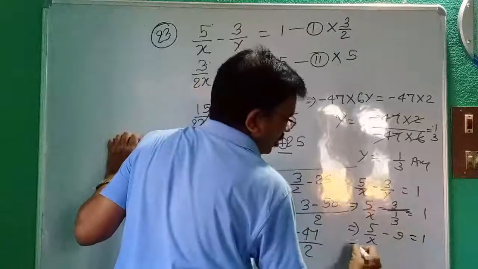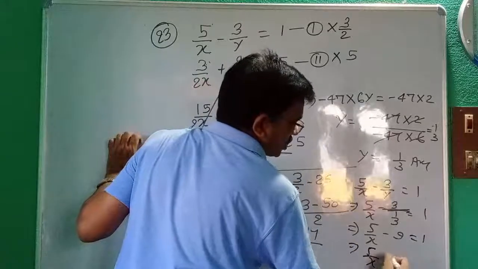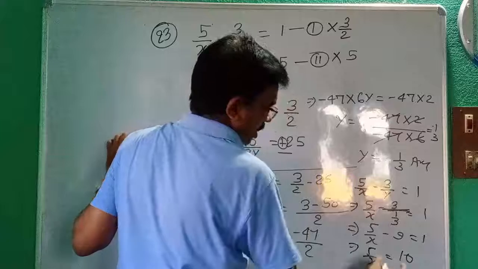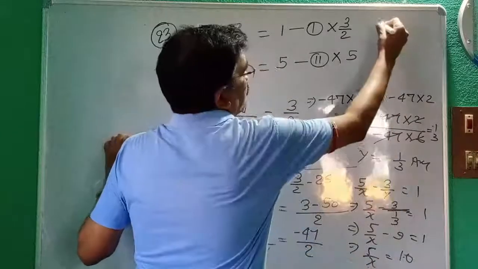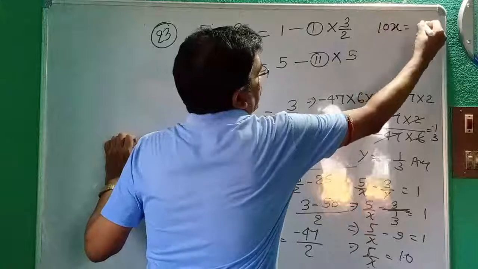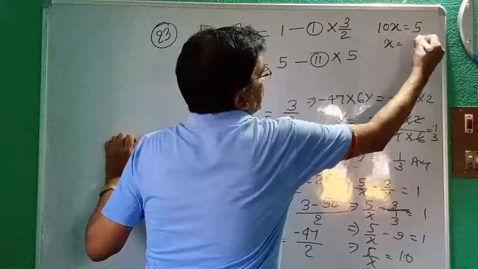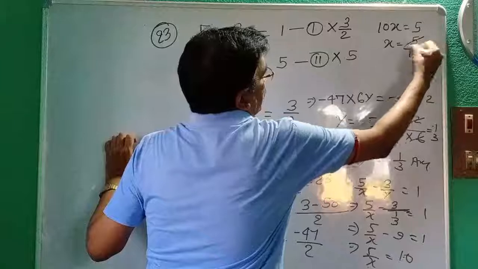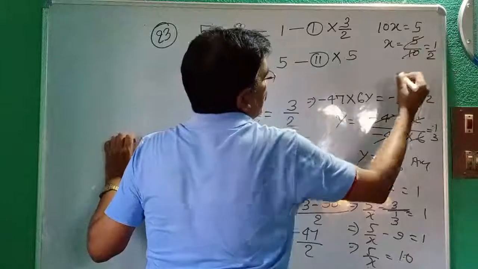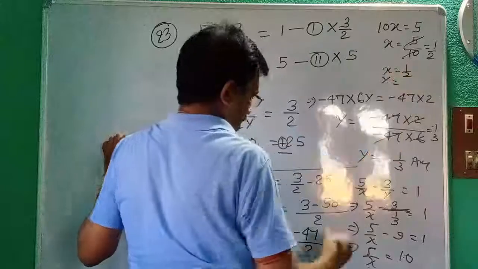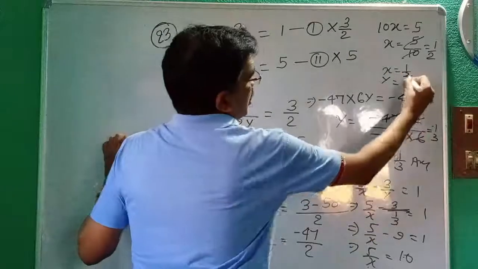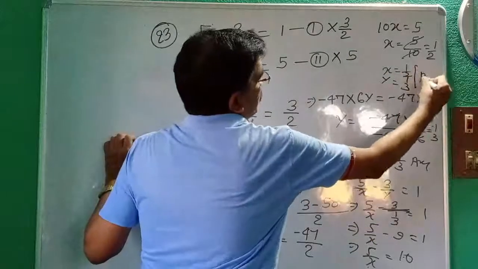So 5 by x is equal to 10. By cross multiplication you can write 10x is equal to 5, then x is equal to 5 by 10, hence it is 1 by 2. So the value of x is 1 by 2 and the value of y is 1 by 3. It is the solution of the equation.